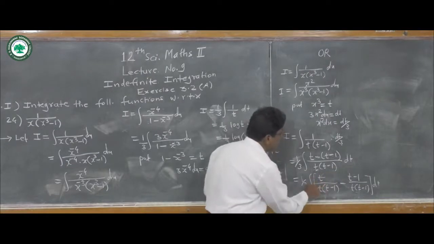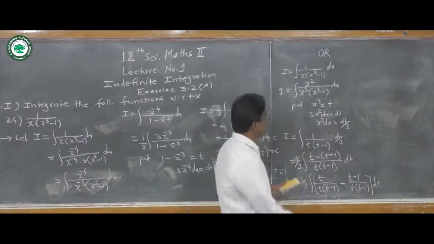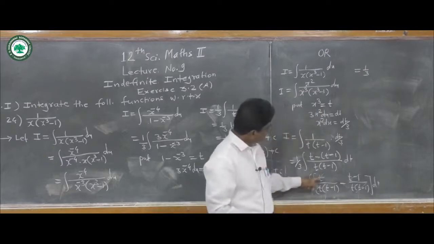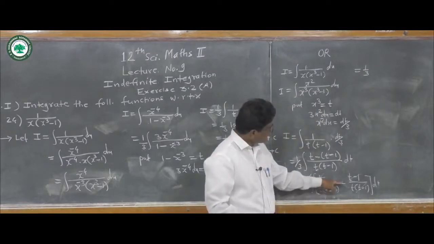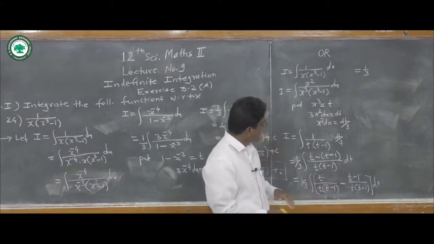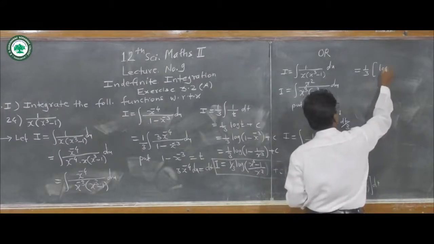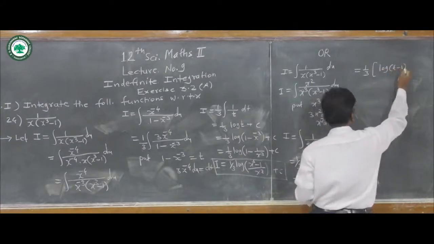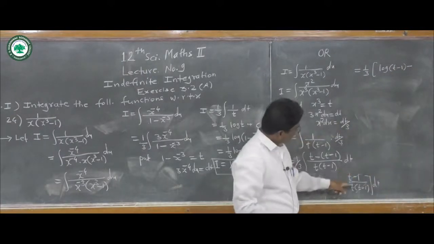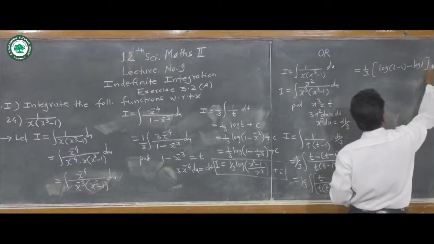Now this t and t get cancelled. Here also this t minus 1 and t minus 1 get cancelled, and so we get 1 upon 3. Now here integration of 1 upon t minus 1 and minus integration of 1 upon t. So integration of 1 upon t minus 1 is equal to log of t minus 1, and here the middle sign is minus, and integration of 1 upon t is log of t plus constant of integration.